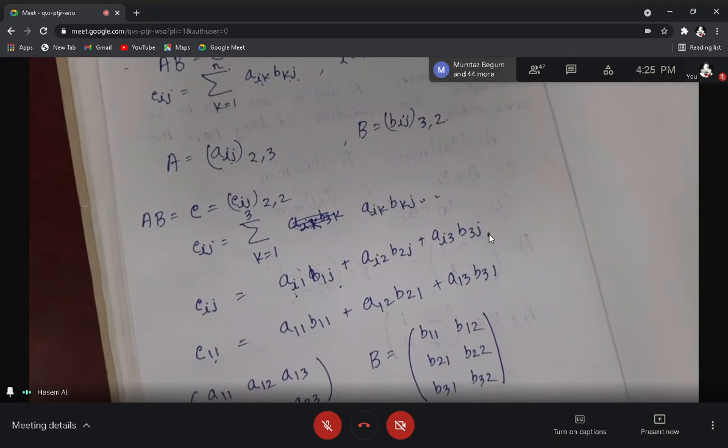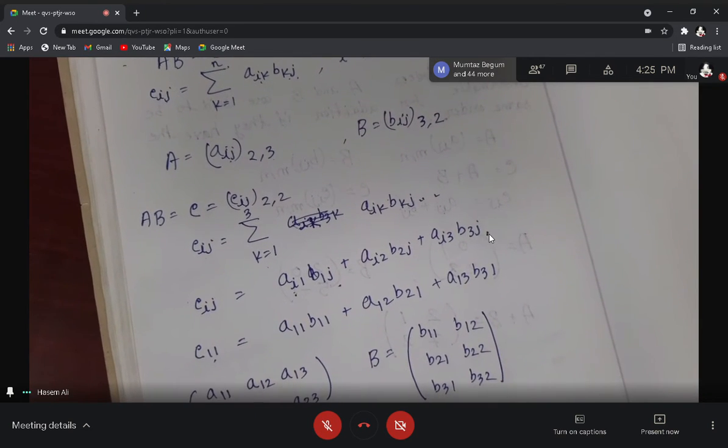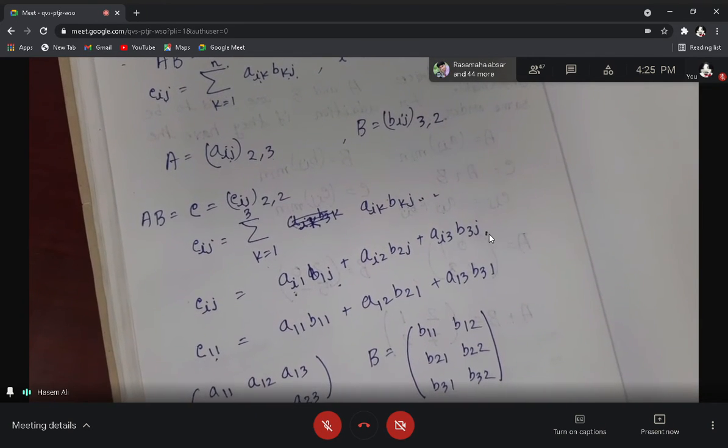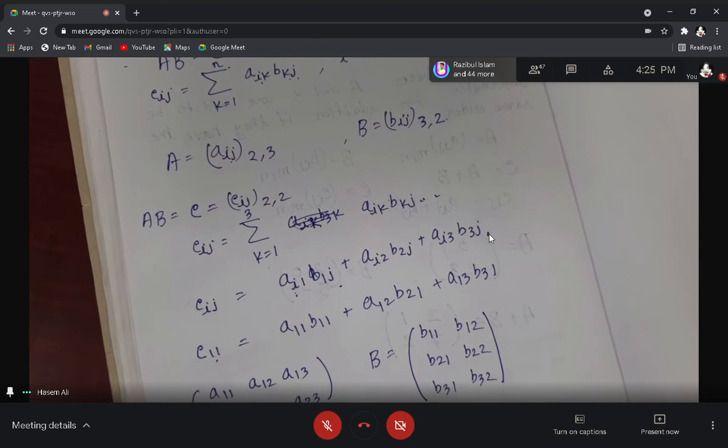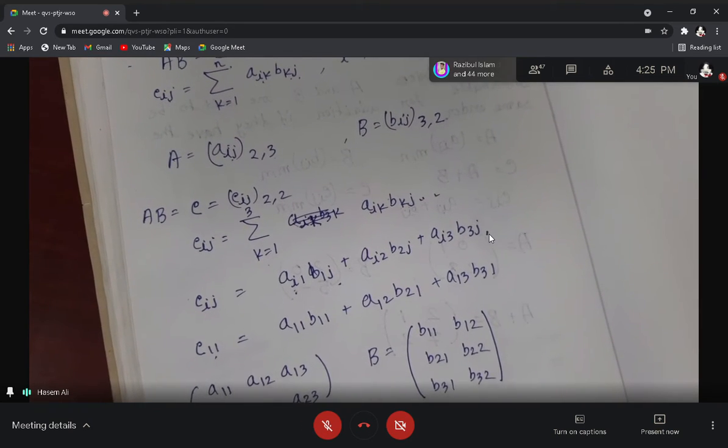For the C matrix, this is C11, C12, C21, C22.